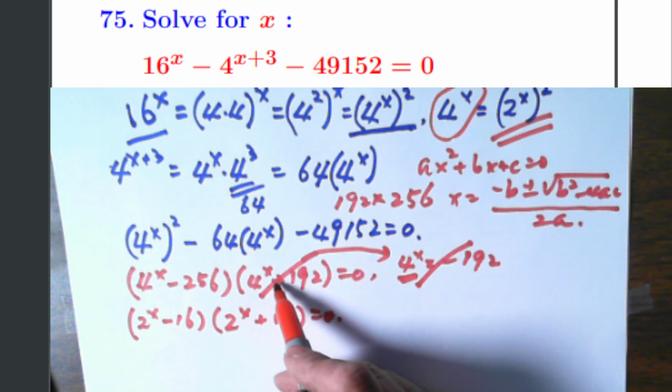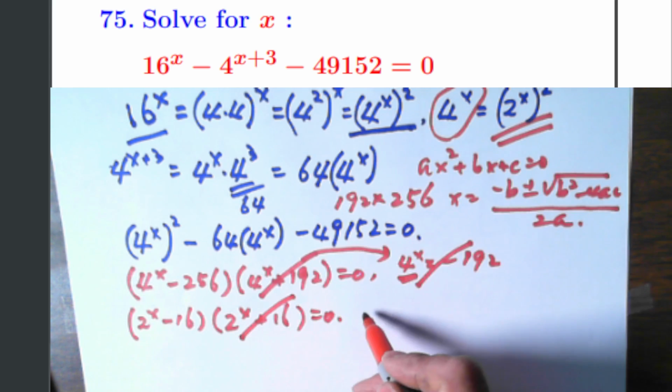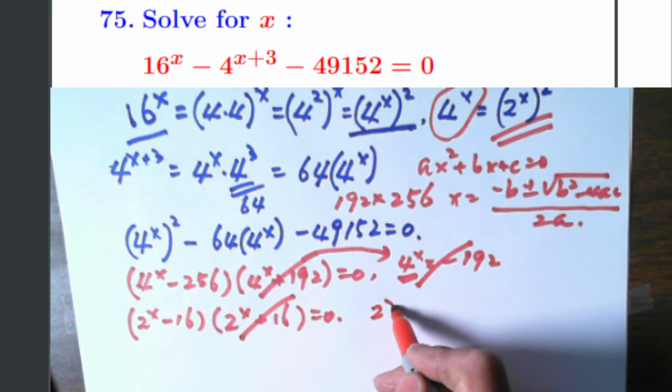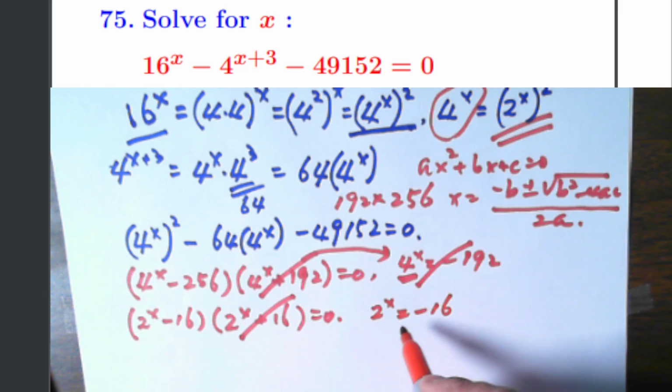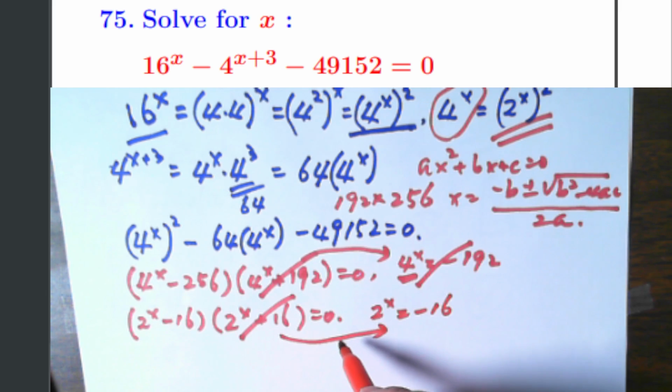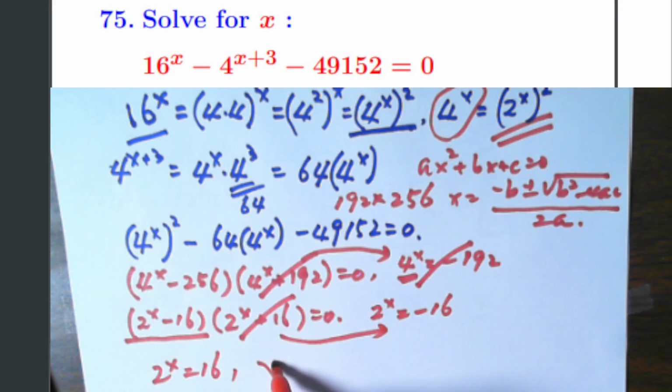As we saw over here, this one also doesn't have a solution because 2 to any power doesn't make a negative value. So from this expression, we know 2^x equals 16, then x must be 4. This one is the only solution for this question.